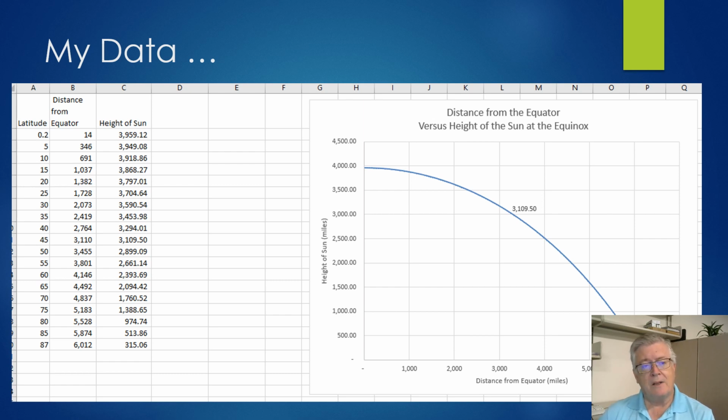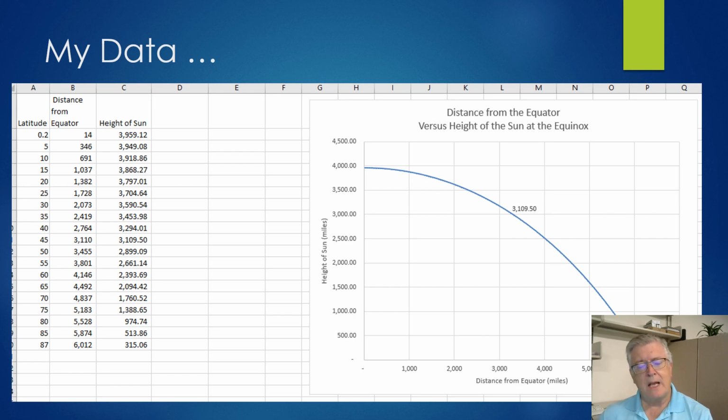The height of the sun then is going to be that equation we just saw on the previous slide, the tangent of the latitude times the distance from the equator, and that gives you the height of the sun.